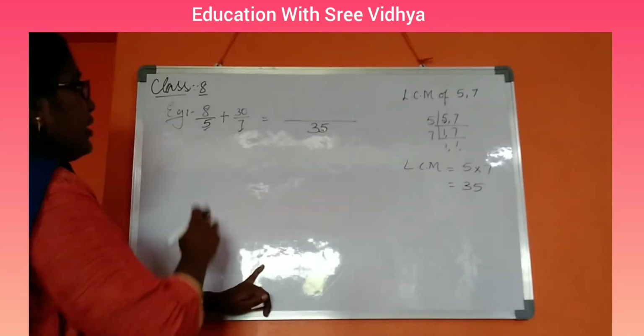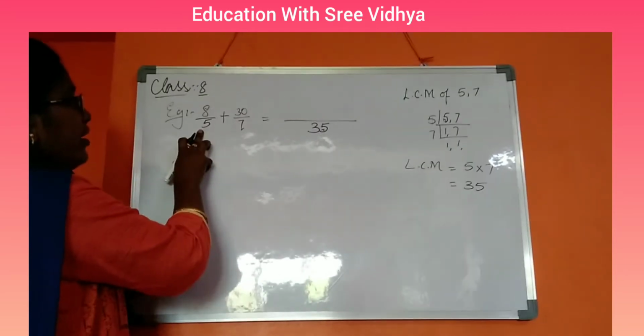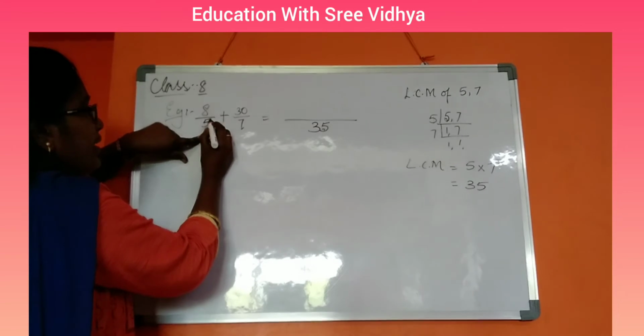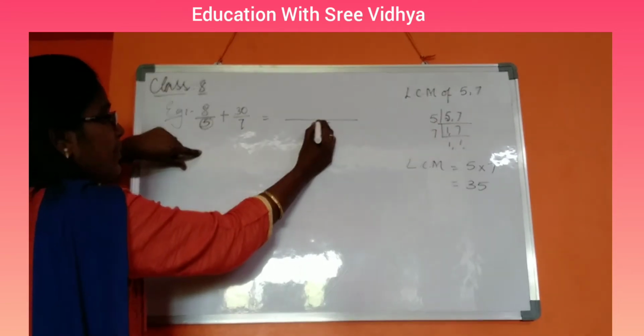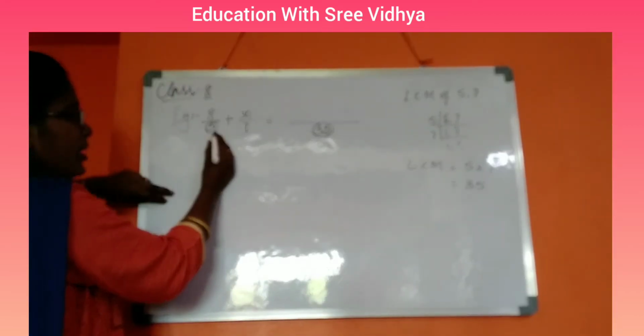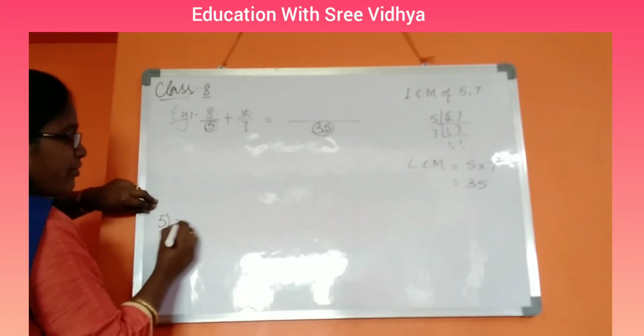Now let us do the first term, 8 by 5. We must do it with the LCM, and first we should divide the denominator into the LCM. What is the denominator in the first term? 5. So let us divide 35 by 5.